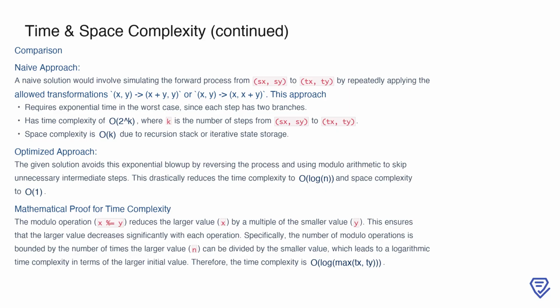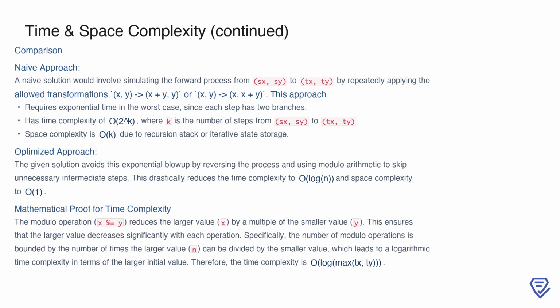Additionally, the naive approach would have a space complexity of O(k) due to the recursion stack or the need to store iterative states. In contrast, the optimized solution eliminates this exponential blowup by reversing the process and leveraging modulo arithmetic to skip redundant intermediate steps. This reduces the time complexity to O(log n) and the space complexity to O(1).